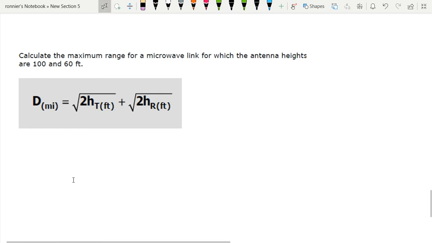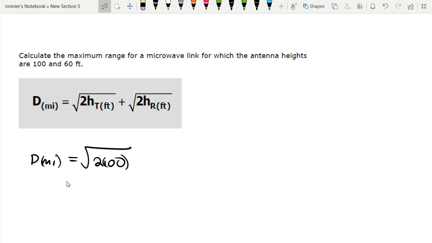Okay? So D in miles or yung radio range is equals to the square root of 2 times 160. Pwede naman magkabaliktad yan. Times square root of 2 times 160 feet. So, equals to square root of 2 times 160 plus square root of 2 times 160.